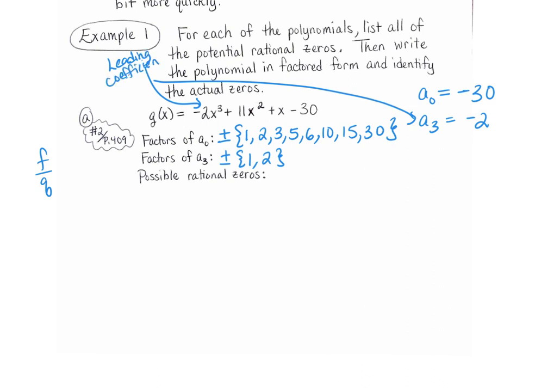So that represents what? Q or P? Q, good. So then we'll have P is the factors of a naught over Q, which is the factors of a sub 3.